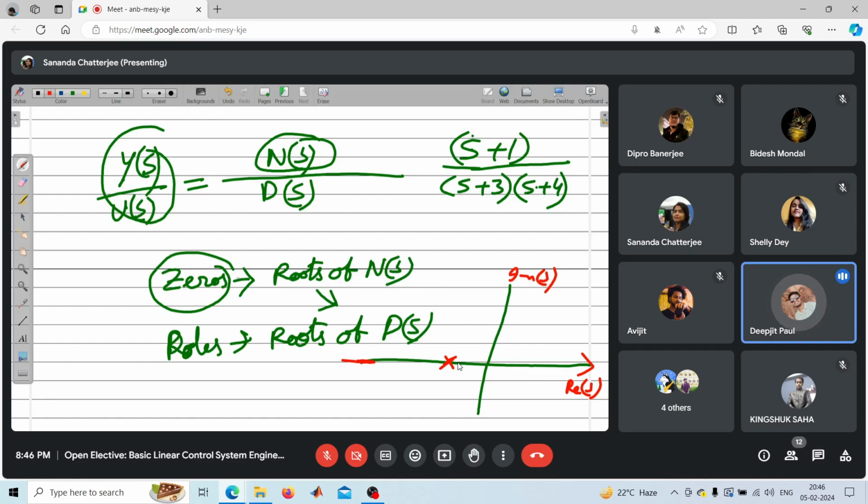It will act like an impulse function, with a shoot when the value tends to infinity. So this will look like a pole. That's why the name pole comes. What is the significance of poles, that we will see afterwards. Why the names are like this, you can understand from here. Okay, ma'am.